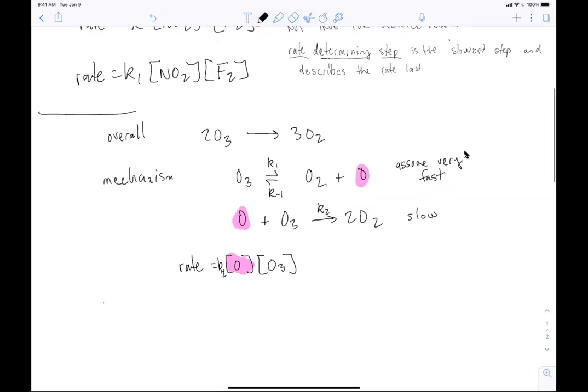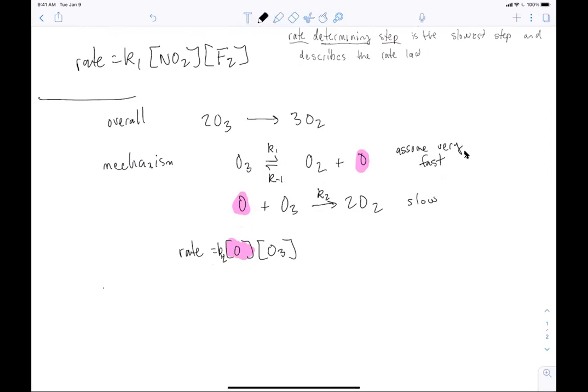The way that we do that is, one way to think of equilibrium is that you hit a point where the forward reaction and the reverse reaction are happening at the same rate. If it has an equilibrium step, you assume the equilibrium is fast. So in an equilibrium process, the forward and reverse reactions have the same rate, and that is the key to getting rid of these intermediates.